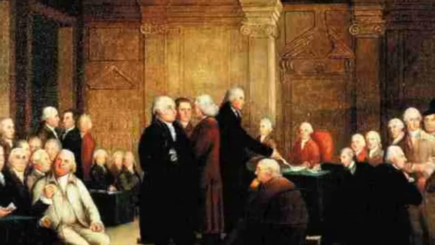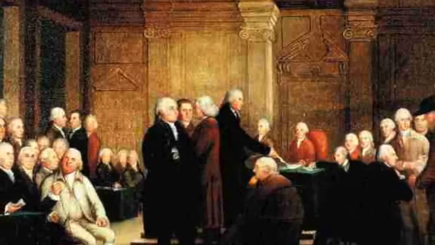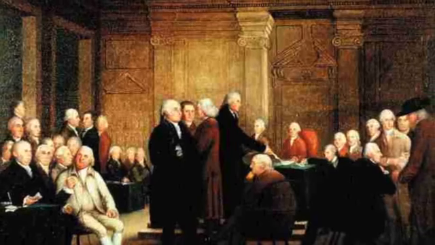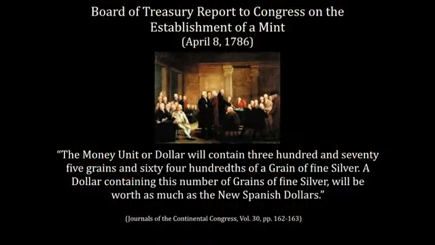On April 8, 1786, the Board of Treasury reported to Congress on the establishment of a mint and advised that the money unit or dollar will contain 375 grains and 64 hundredths of a grain of fine silver. A dollar containing this number of grains of fine silver will be worth as much as the new Spanish dollars.